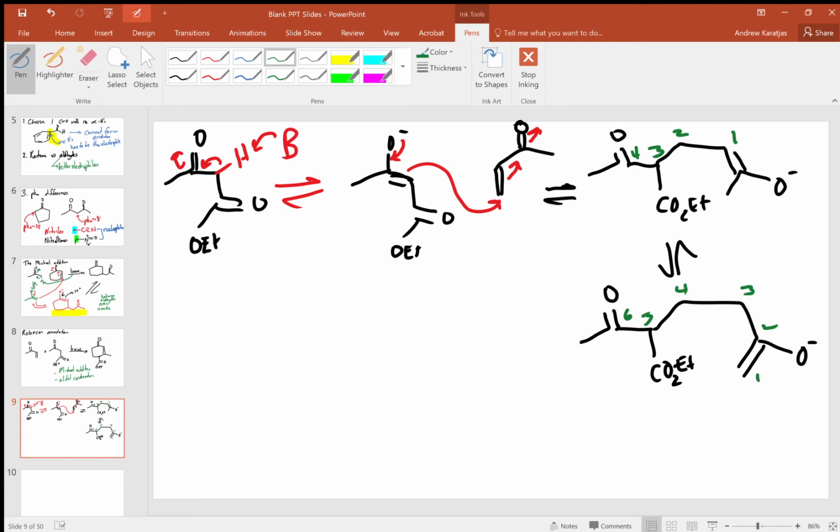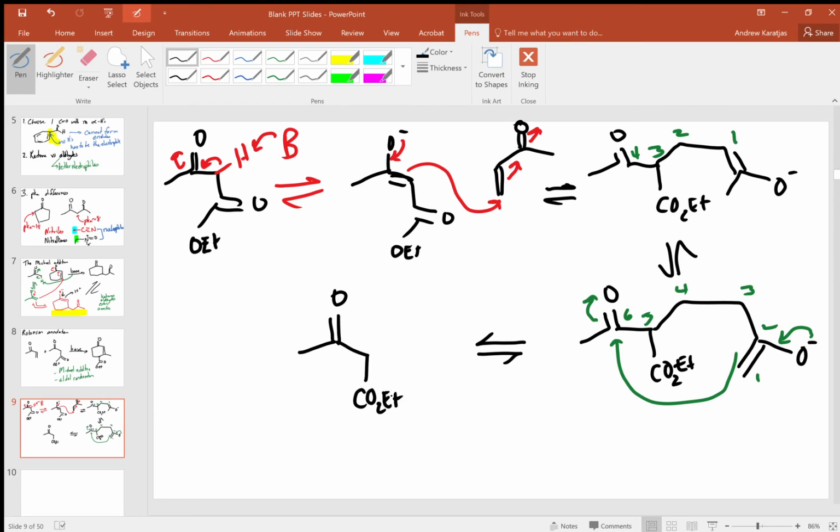So that first half, that was our aldol. From here, our enolate will initiate our aldol condensation. Our enolate attacks our carbonyl, pi electrons up onto oxygen. Now, the challenging part here is how do we draw this product? Because we know we're getting a ring, but it's not always easy to just envision how that ring forms.